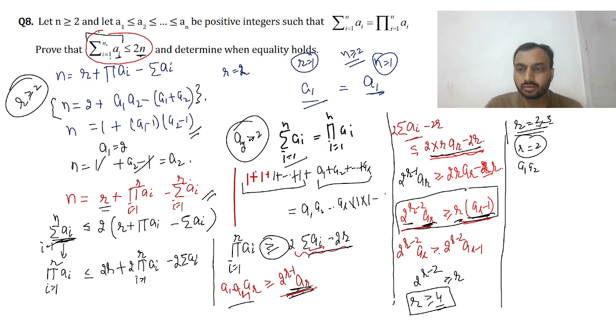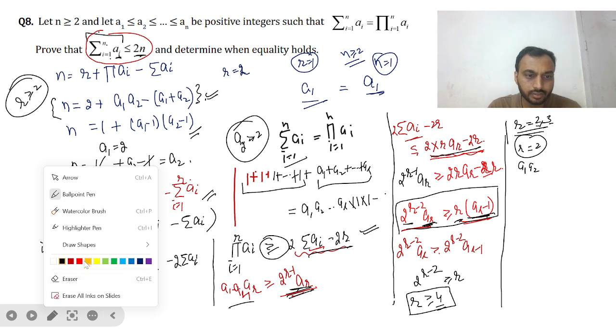in that case we have n is this, that is okay. And if we have to prove that summation of ai is less than equal to 2n, which ultimately leads us to this form: product of ai greater than equal to twice of summation of ai minus 2r. So we can pick from here.